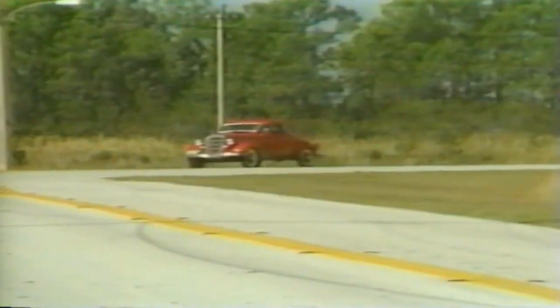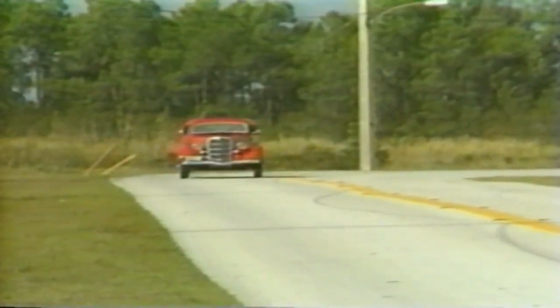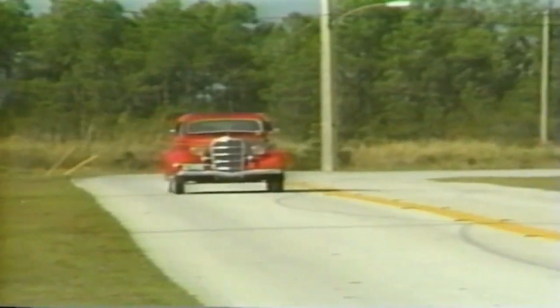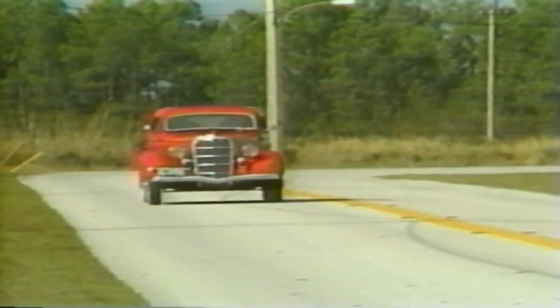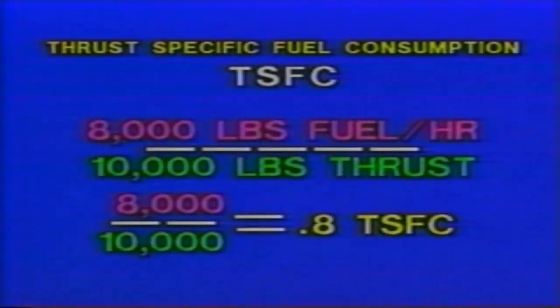How about fuel economy? With that limousine of yours, you might say, I get 24 miles to the gallon. The higher the number, the better the mileage. Not so with a jet engine. We speak in terms of TSFC, thrust-specific fuel consumption.